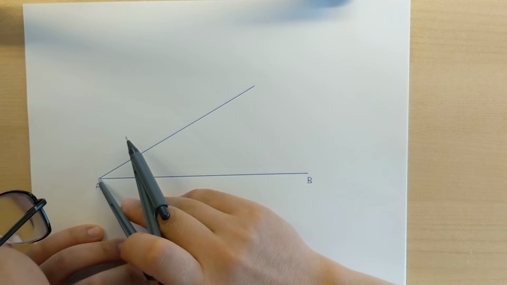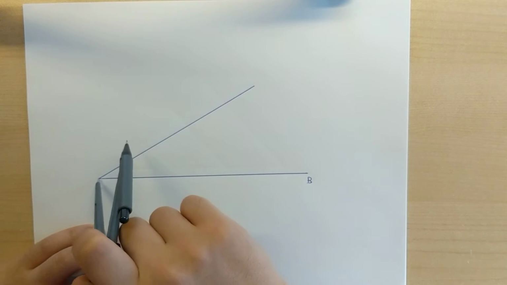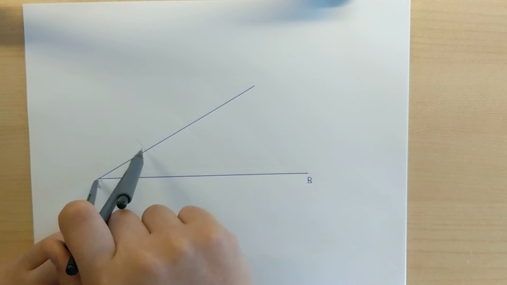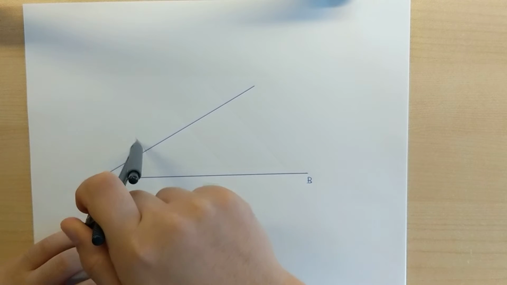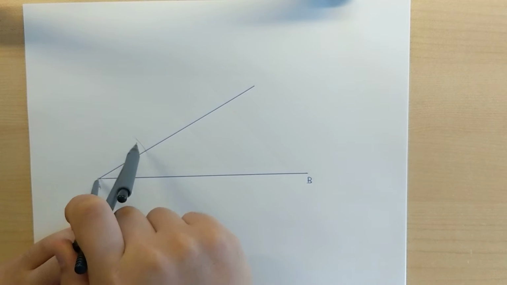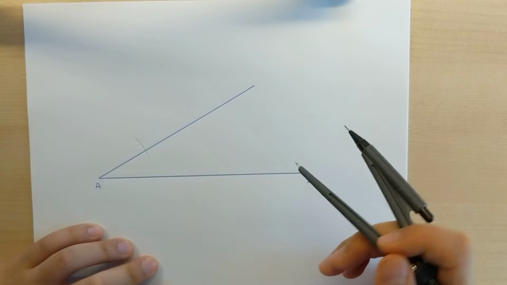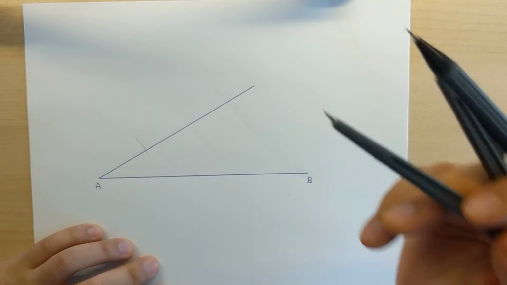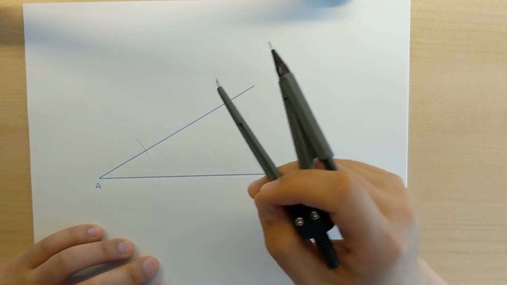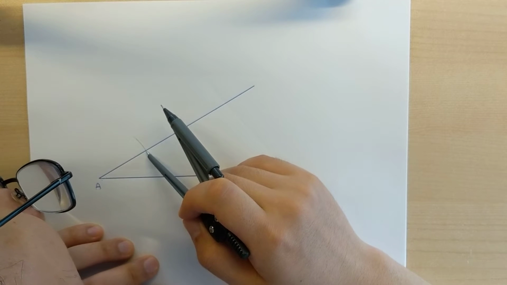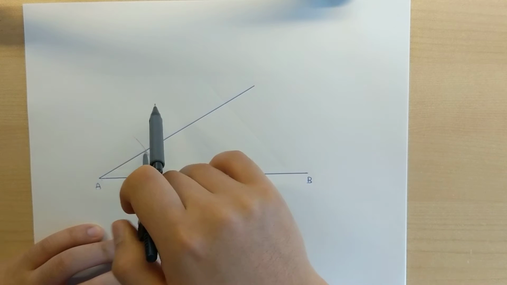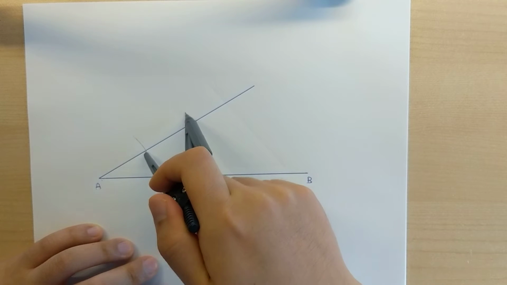You're going to take this compass, open it up to any setting you'd like, not too big though. You're going to place it on point A, and then we're going to mark that line like so. Then I'm going to pick up my compass with the same setting, unchanged, and place the pin on this point right there. Again, do not change the compass setting.